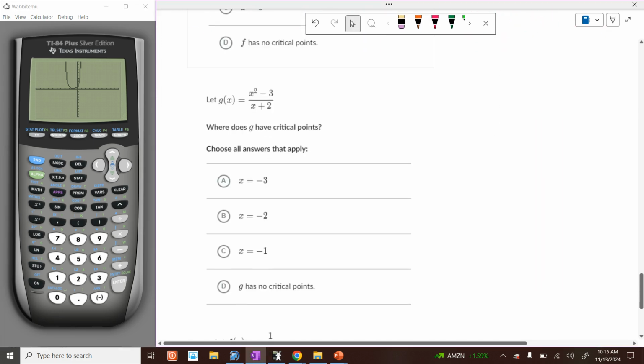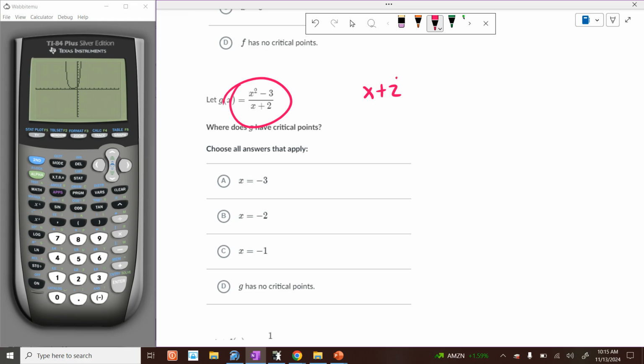Okay. This one, does it have any critical points? Now, some of you will cheat and go straight to the graph and see if it has any critical numbers. If we don't want to cheat, okay, we would use what? Quotient rule.